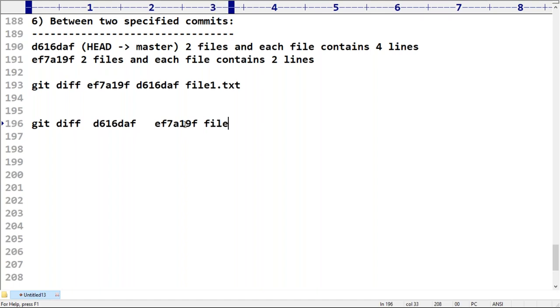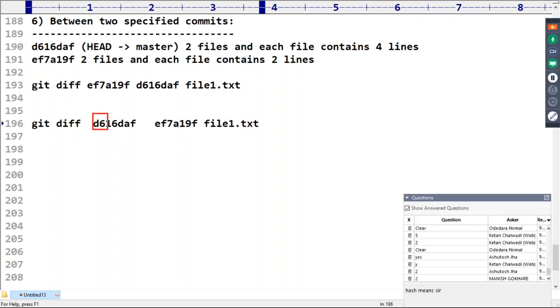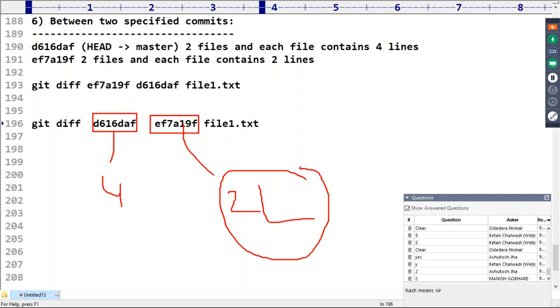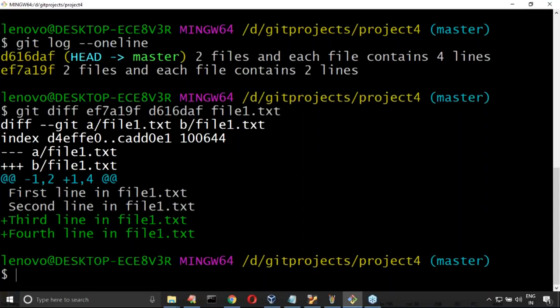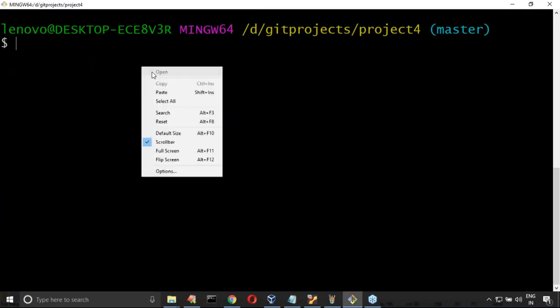Here, file1.txt. Sir, when compared with the source copy, what is the difference in the destination copy? The source copy contains 4 lines, but the destination copy contains only 2 lines. 2 lines minus. Now observe carefully.